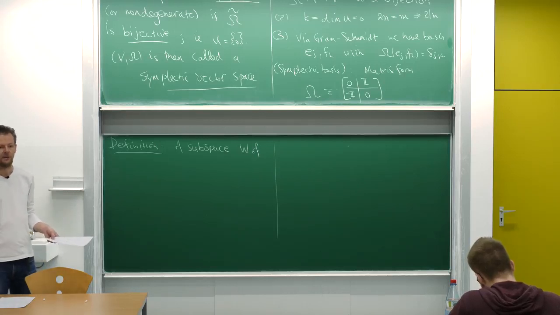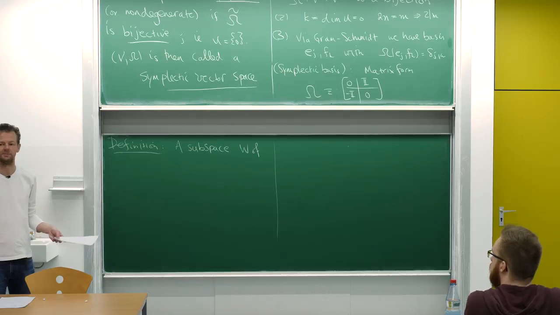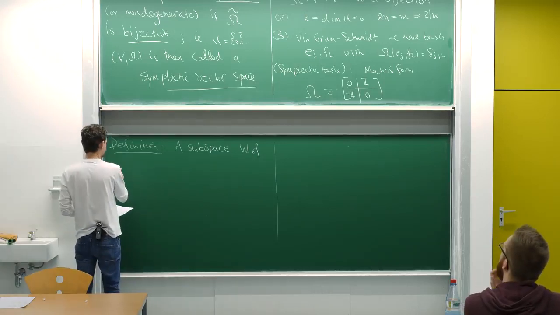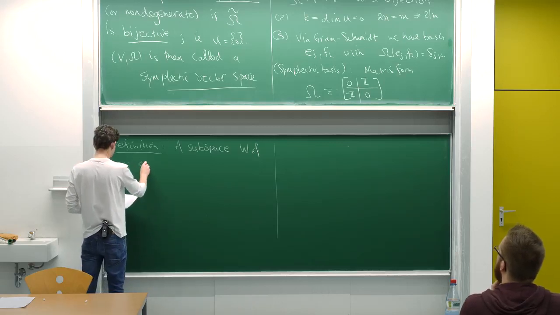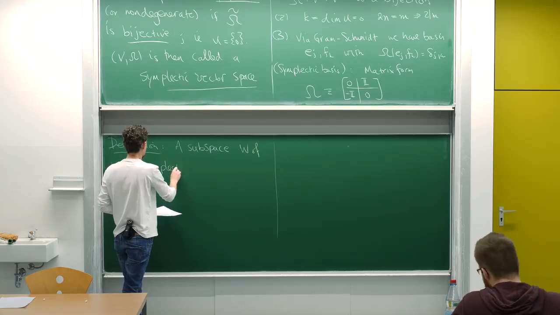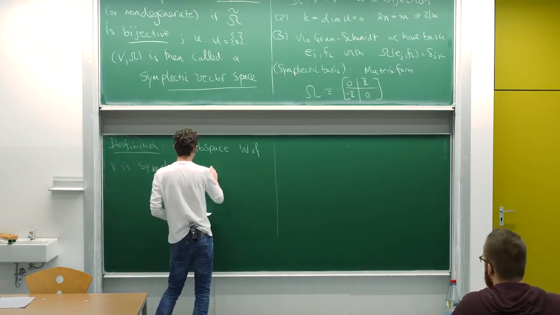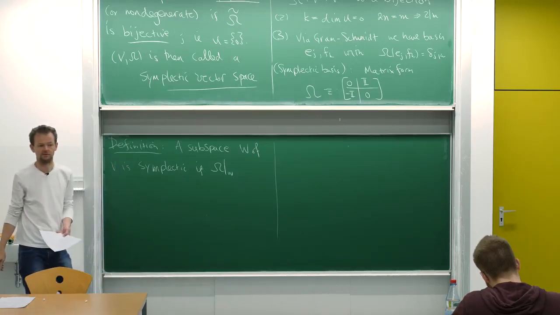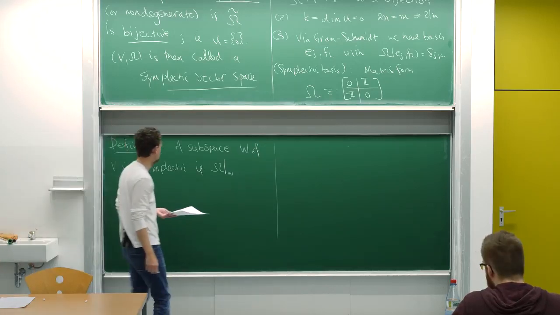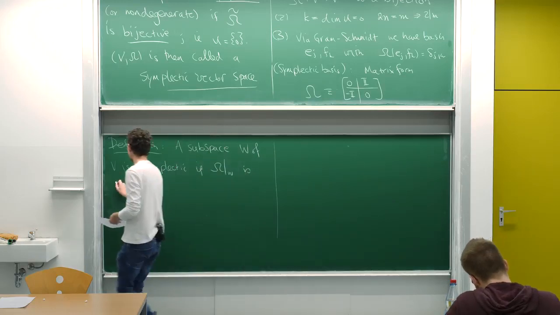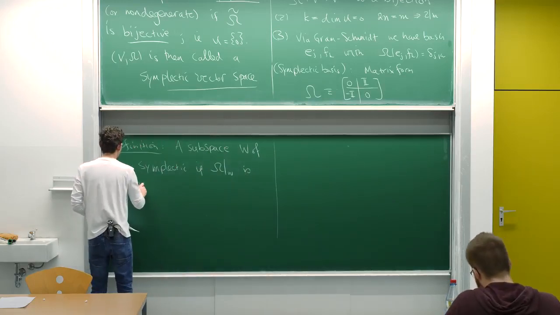That's possible. But you can also have subspaces that aren't symplectic vector spaces. So it's symplectic if when you restrict this symplectic form to the subspace W, it's non-degenerate or symplectic.